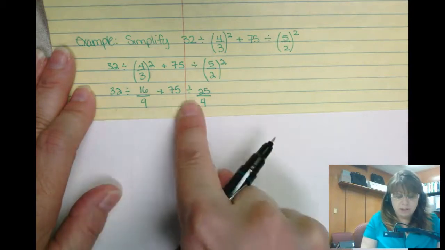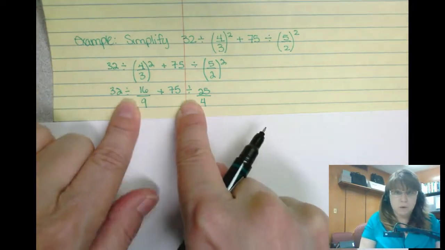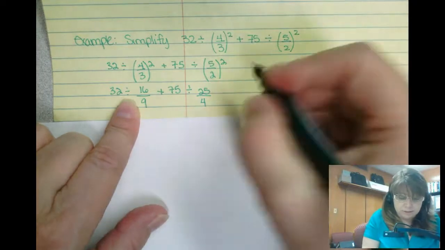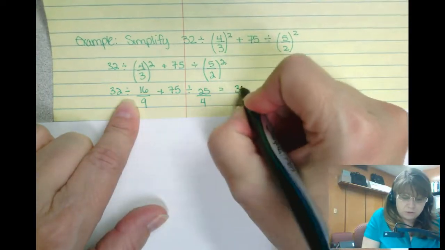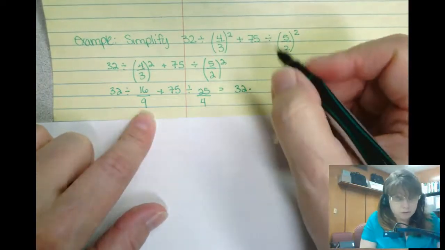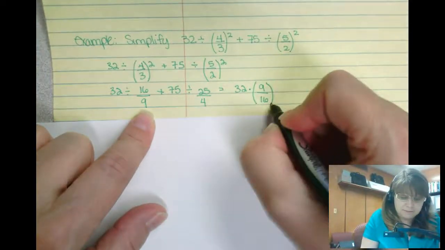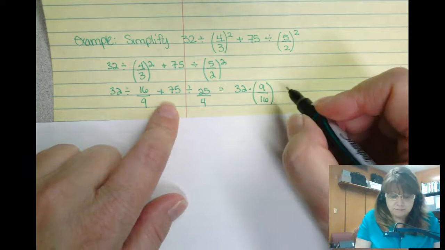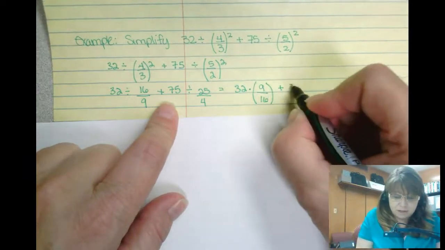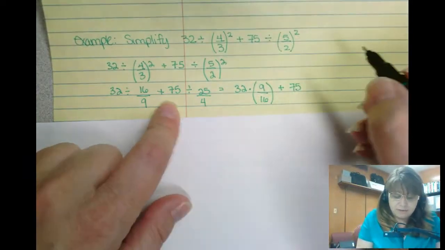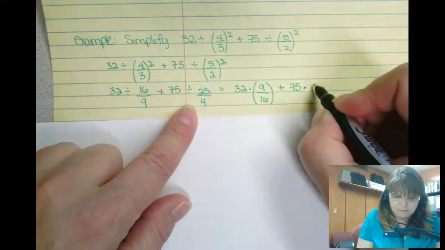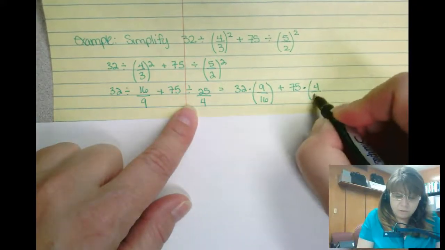Instead of division in the 2 places, I'm going to rewrite it as multiplication. 32 times the reciprocal, 9/16. I didn't need the parentheses, but just to have it. Plus 75 times 4/25.